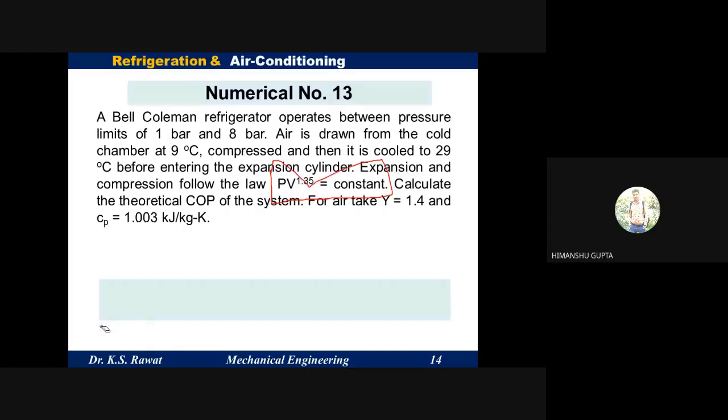Sir, you are not audible. Can you calculate... सर आपकी आवाज नहीं आ रही है सर.